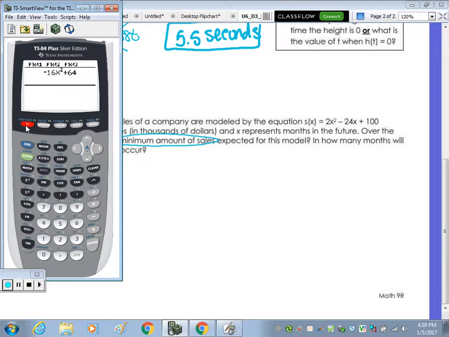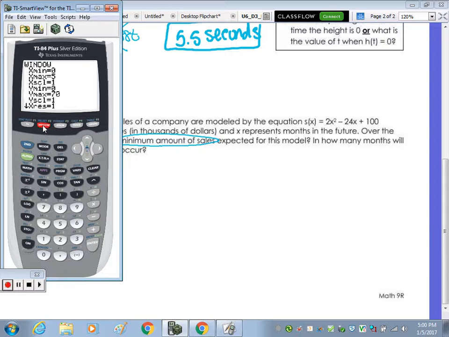So the minimum amount of sales, okay, let's take a look at what this curve looks like. So y equals 2x squared, so it's a positive x squared, so that should give you a hint if it's right side up or upside down, minus 24x plus 100, graph. Okay, we can see part of it, but let's look to change our window for the x-axis.